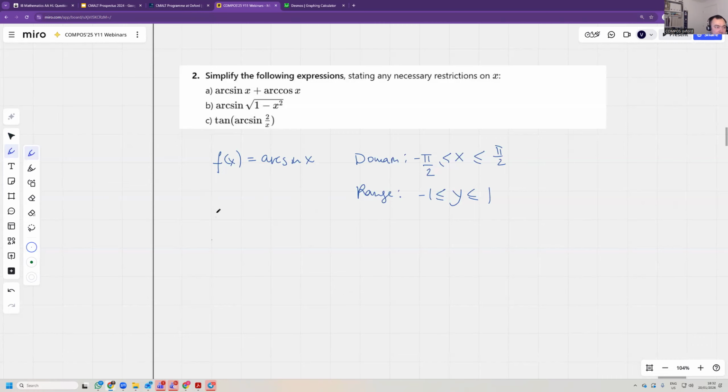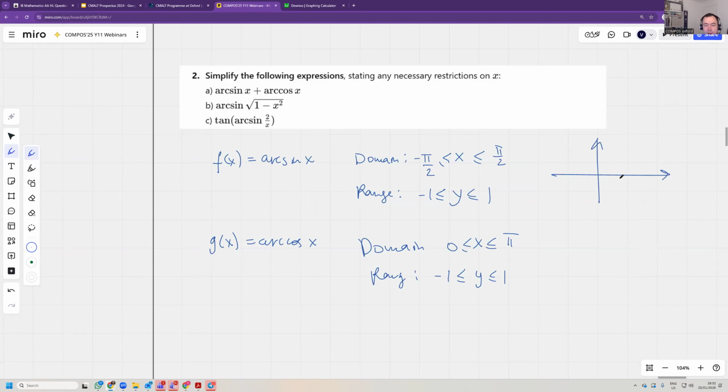Now, if you have g of x equals arc cos x, then the domain is from 0 to pi, and the range is from -1 to 1. And this comes from the graph.